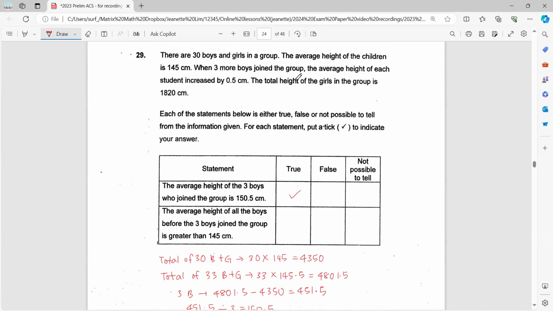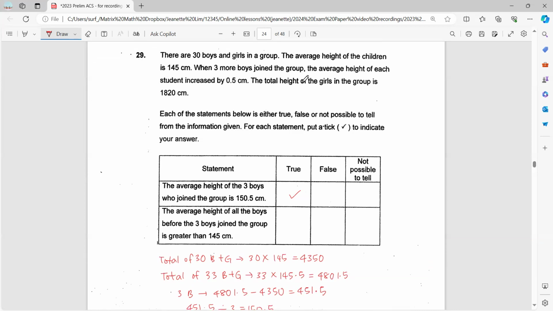But earlier on, this 145 is the average of all the children. So it is possible that the average of all the boys was actually 145, but it may or may not be true, depending on the number of girls.